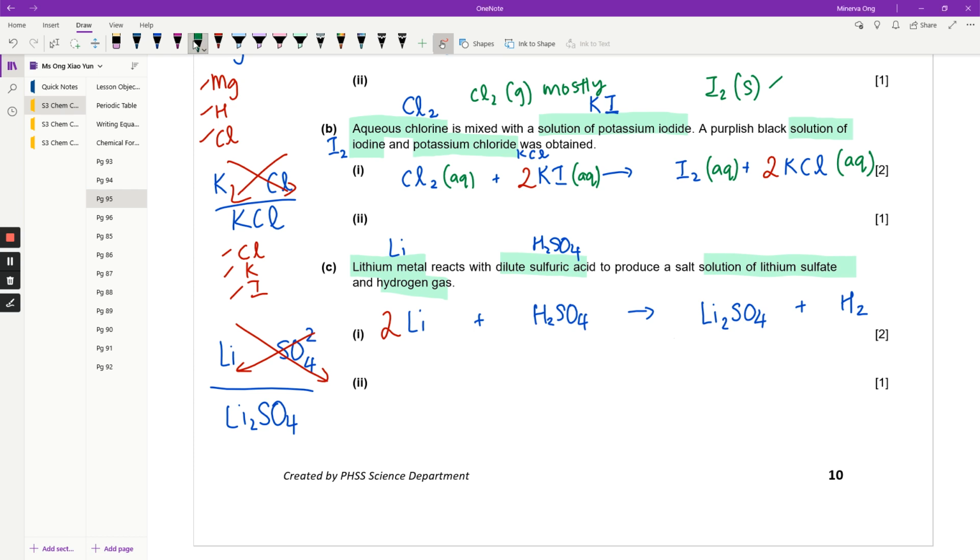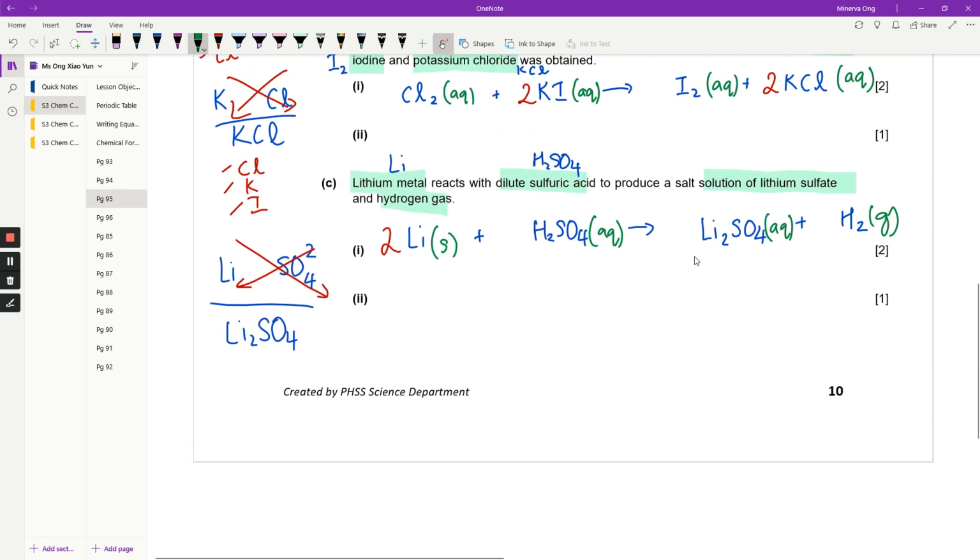Then let's look at the state symbols. Solid, aq, aq, g. Okay. Sorry.